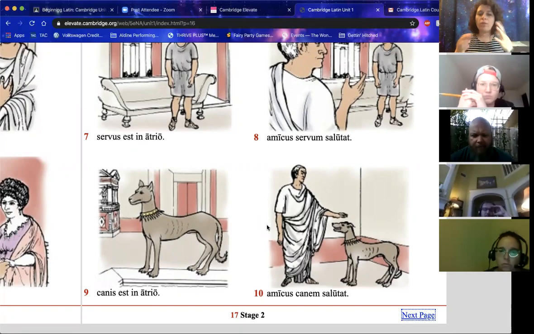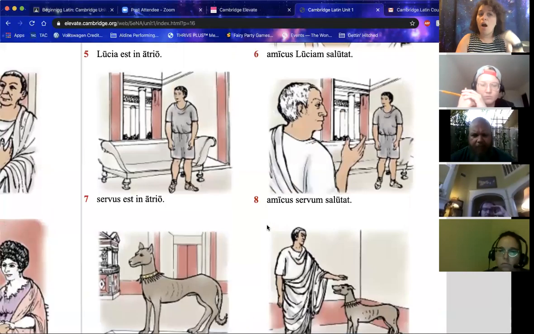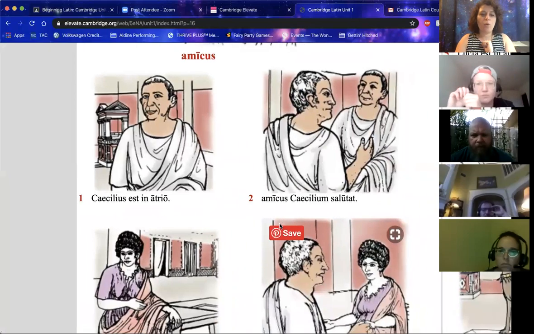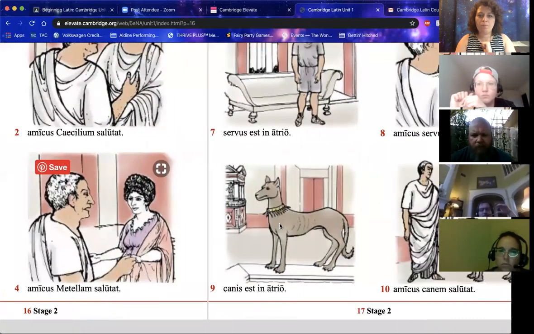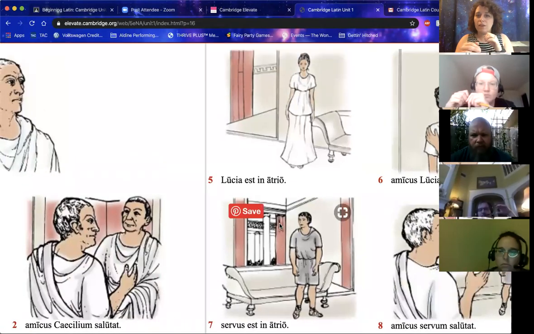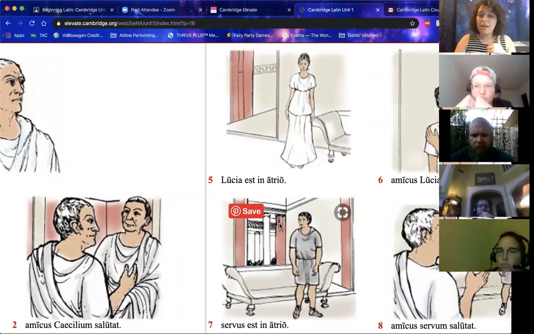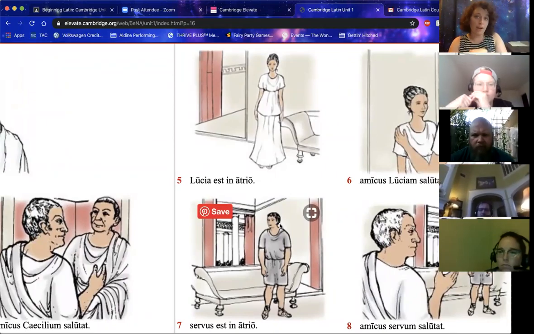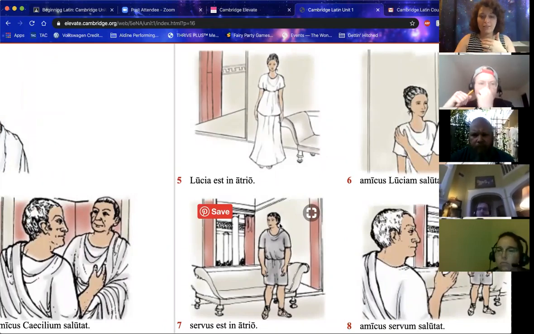So now that we're seeing that, in all of these odd numbers, number 1, number 3, and number 5, 7, and 9, the character is the subject. But then in all the even numbers, 2, 4, 6, 8, and 10, that character who was the subject in the previous sentence has now become the direct object. We have a word for this in Latin, but I want us to keep looking at it so we can go into the next thing.